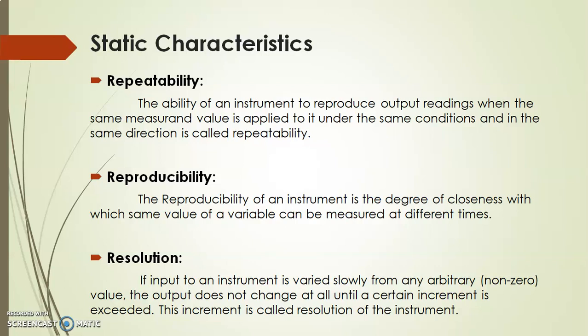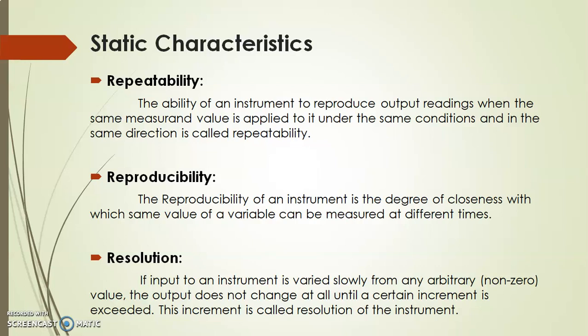That means what happens? Suppose we take the example of a voltmeter. If you start applying some input to the voltmeter, the voltmeter must show some output reading. If you increase the input, then the voltmeter output should increase.